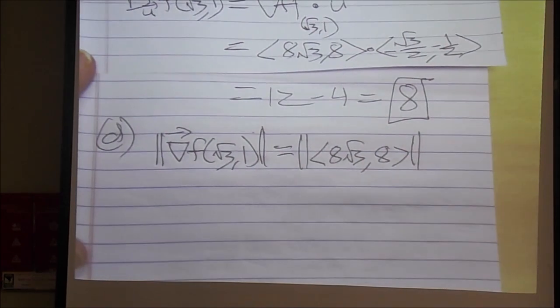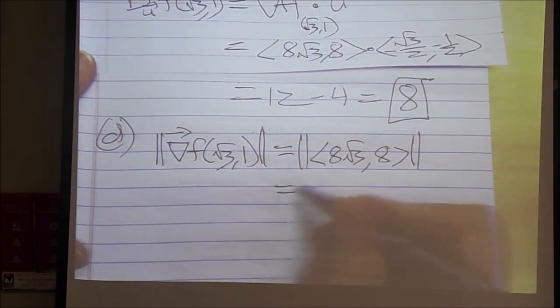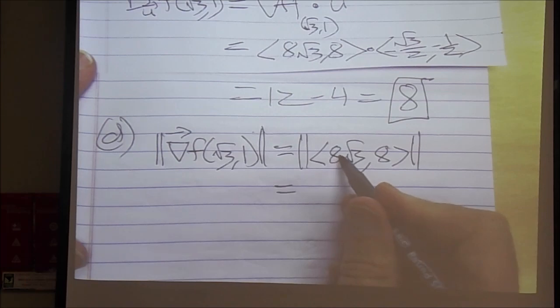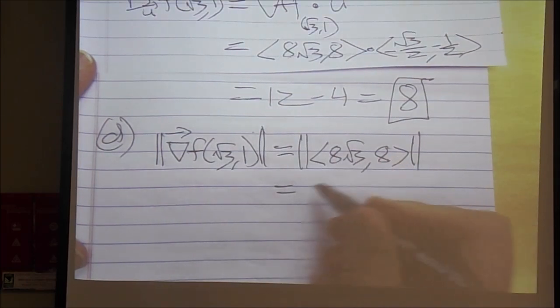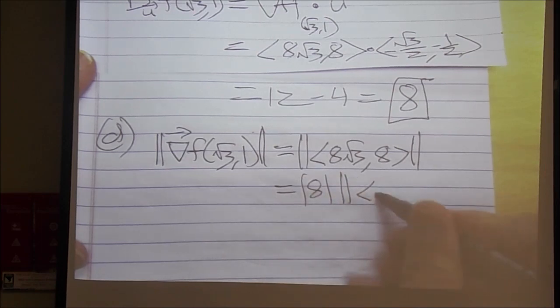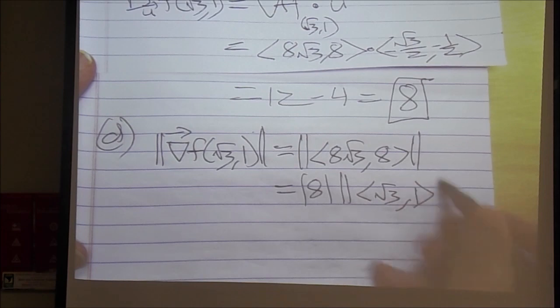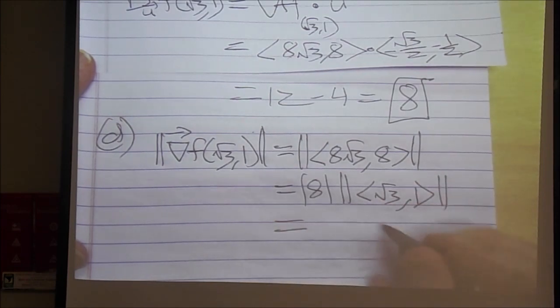And there's a little trick here you can use. If a vector is multiplied through by a number, you can pull its absolute value out. Remember, if you have a scalar times a vector, the length of the new vector is the absolute value of the scalar times the length of the vector that's left. So we can pull the 8 out and write it as 8 times the length of square root 3, 1. So this is 8 times the square root of square root 3 squared plus 1 squared.